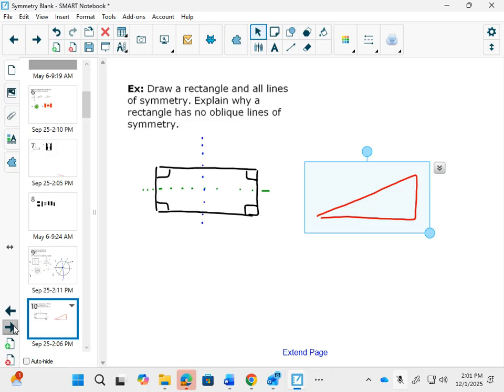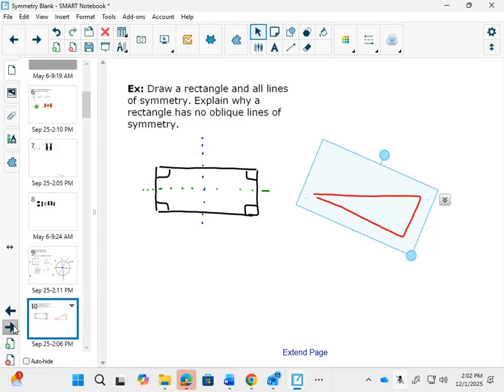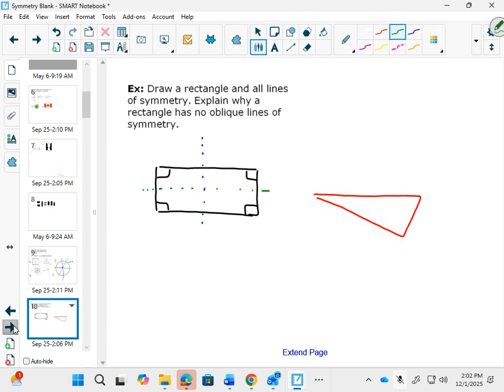Our brains sometimes have trouble flipping stuff on diagonal lines. So sometimes we can sort of cheat and turn our paper a little bit to make it a horizontal line. And then if I flip this up, it's not the rectangle I started with.